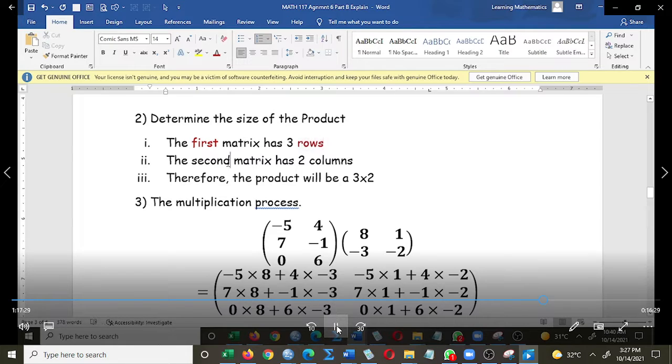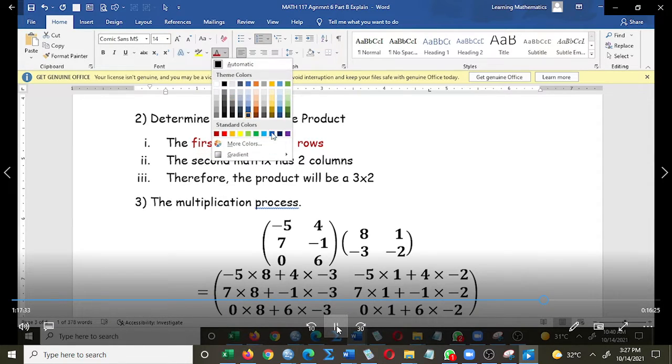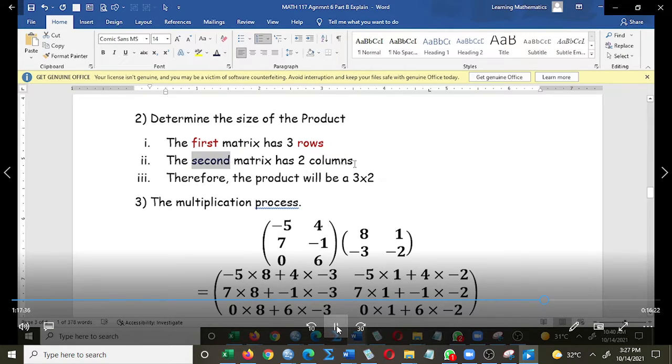So why will a 2 by 2 give you another 2 by 2? Because the row of the first has two elements.